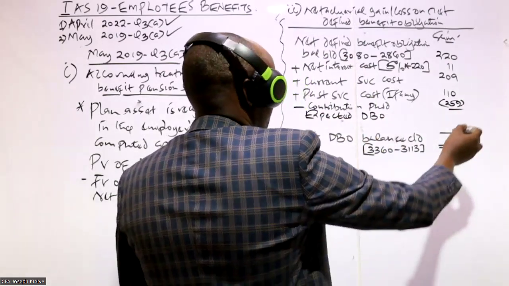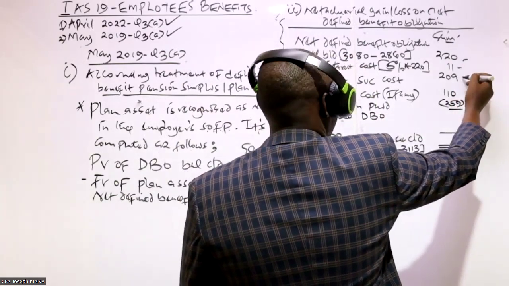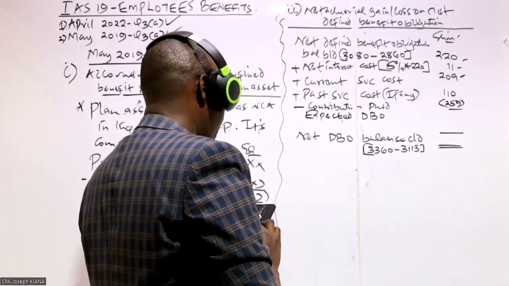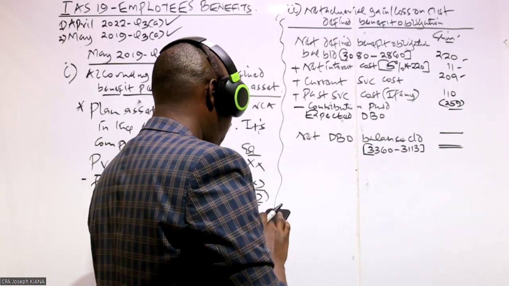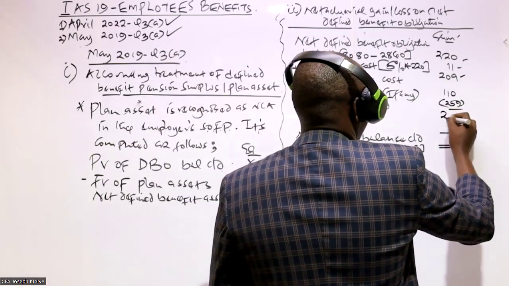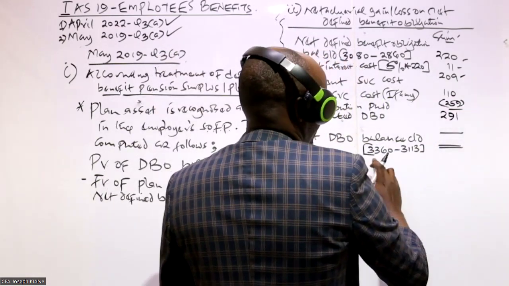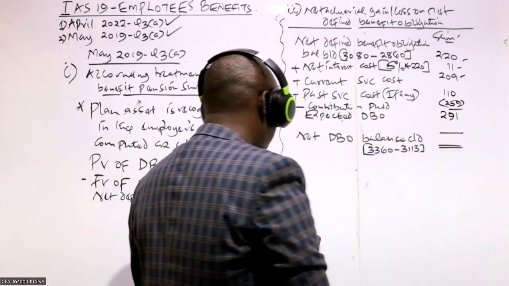So we have taken 11 plus 220 plus 209 plus 110 minus 259, which will give us 291. And then we compare that with whatever you're going to have here.